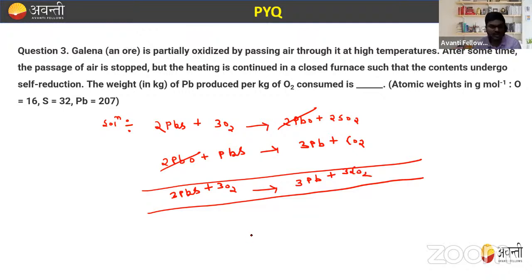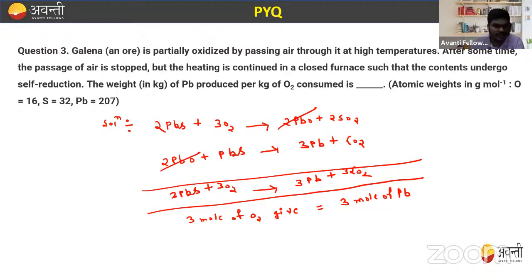So from this equation we can observe 3 mole of O2 gives 3 mole of Pb, right?